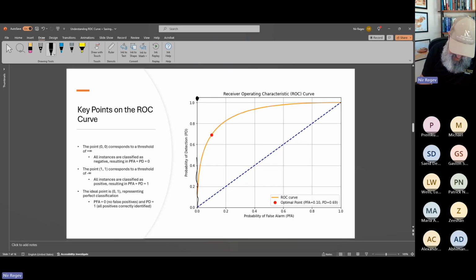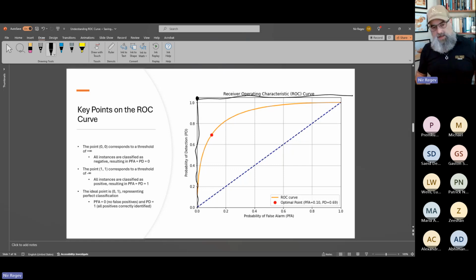Then the curve will be a straight line up and a straight line to the right. That will be the curve for the ideal, unless the classes that we want to discriminate or classify are completely far from each other, which is not really the case. Usually in real life, we won't get this kind of ideal.